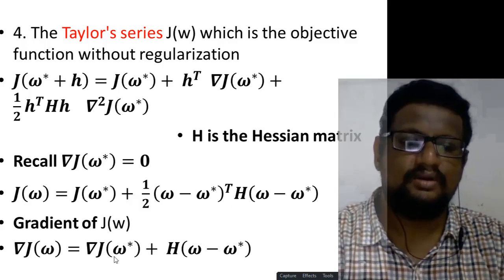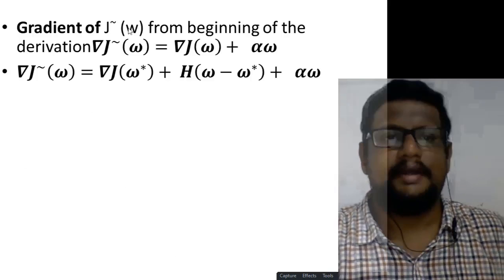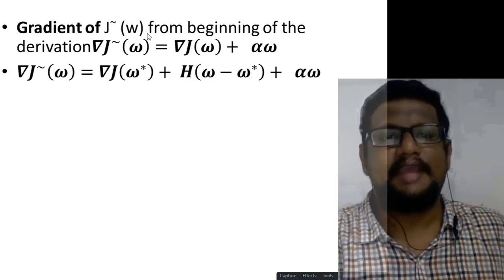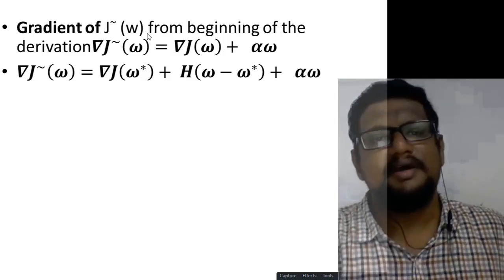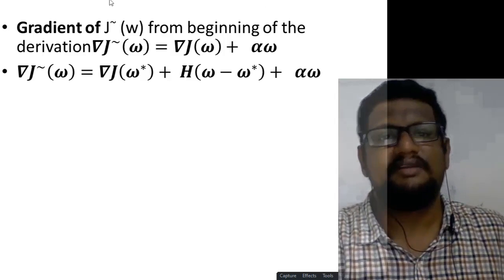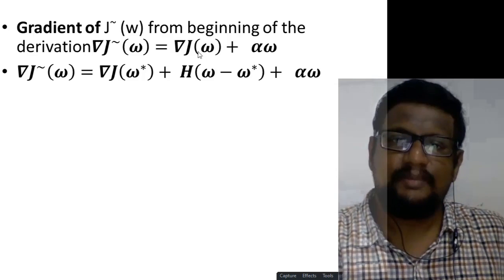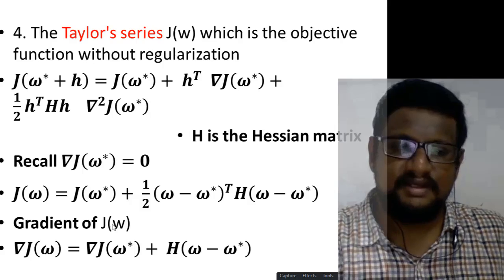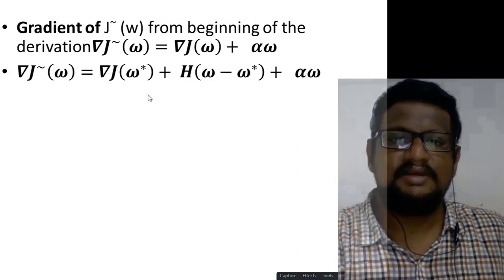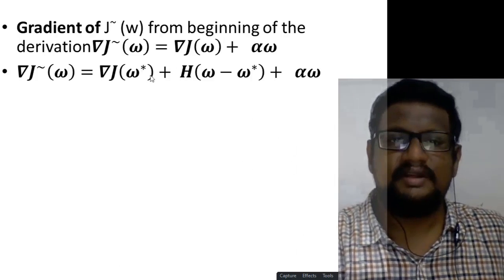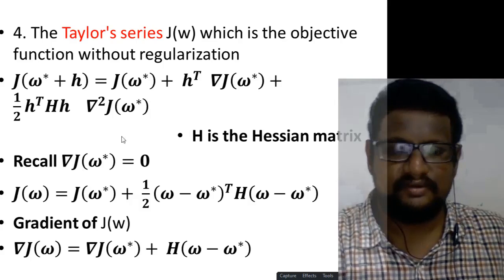So this is what finally you have concluded: del J of omega is equal to del J of omega star plus h times omega minus omega star. And again the gradient of J cap of omega. Finally, anyhow we want the regularized term. So the gradient of the regularized term that we got in the beginning of the derivation, in that you are substituting for del J of omega from the previous step. Just now we already derived that del J of omega star is equal to 0, and already we substituted it in one of the steps.